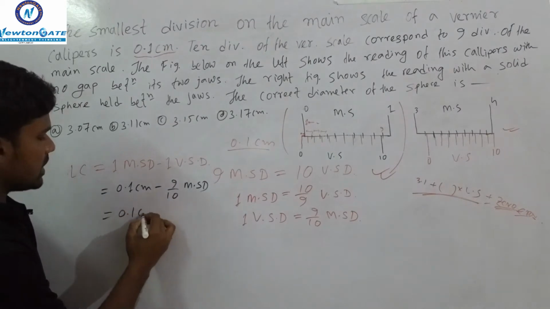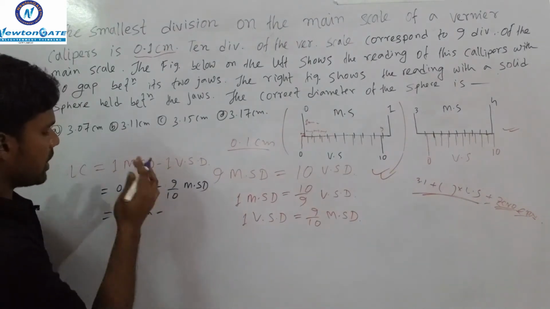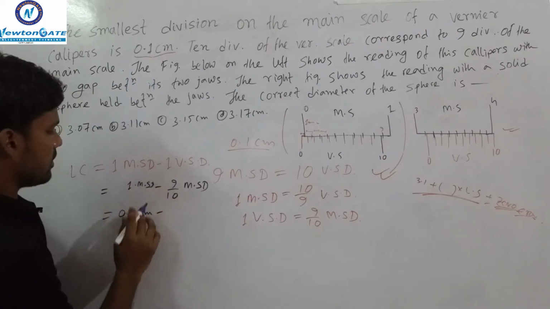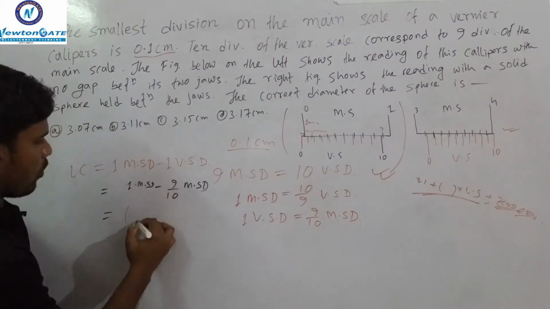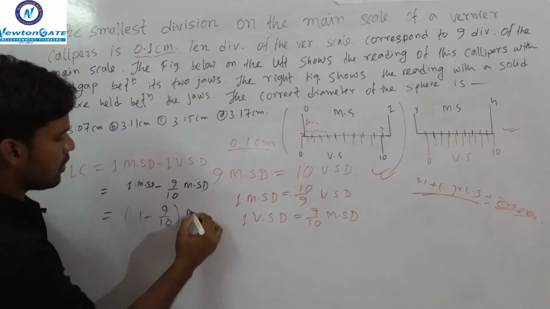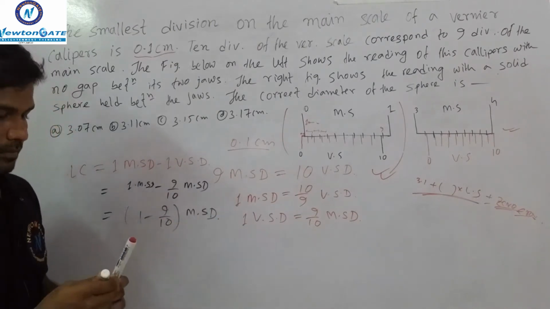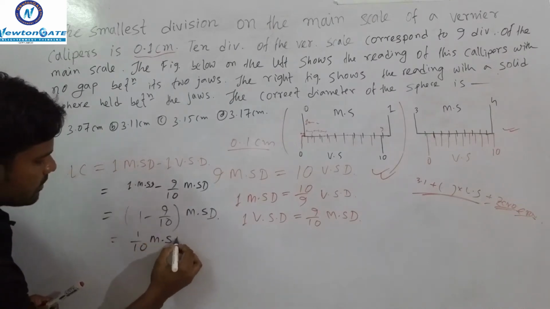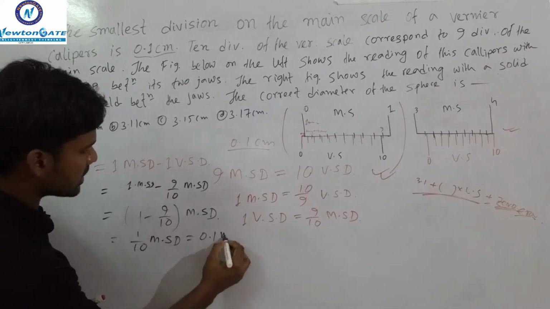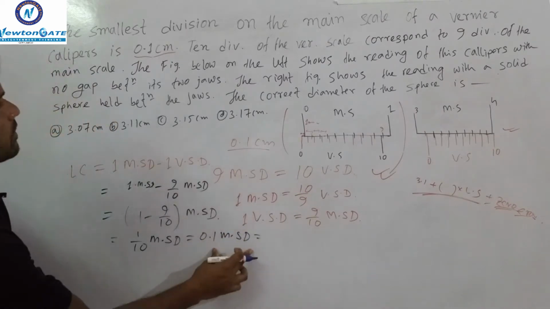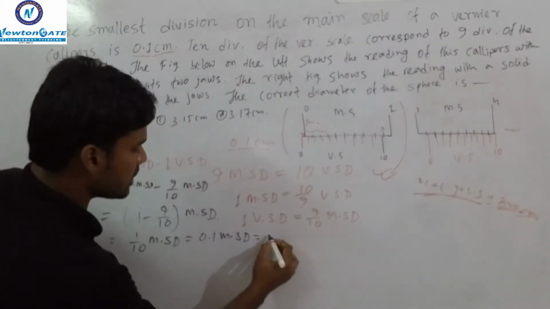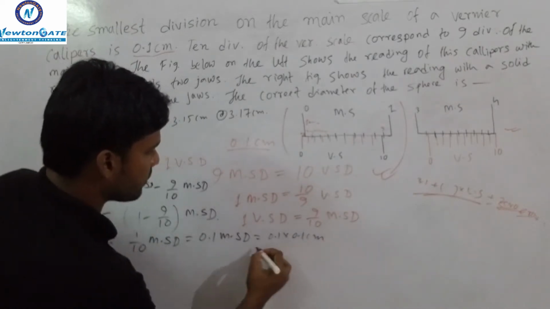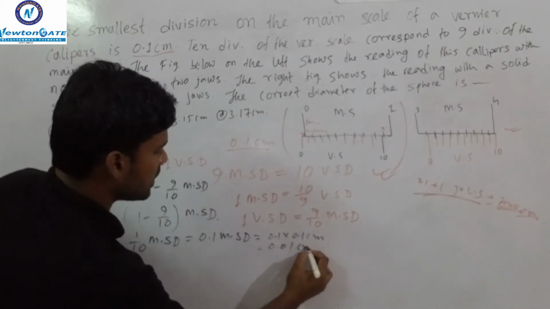So 0.1 centimeter minus, okay, first you have just put one main scale division, right? 1 minus 9 by 10 into main scale division, which equals 1 by 10 main scale division. That means 0.1 main scale division, and that main scale division reading is given here, that is 0.1 centimeter. That means 0.1 into 0.1 centimeter, that means 0.01 centimeter.